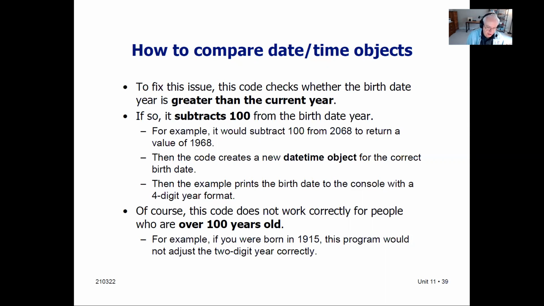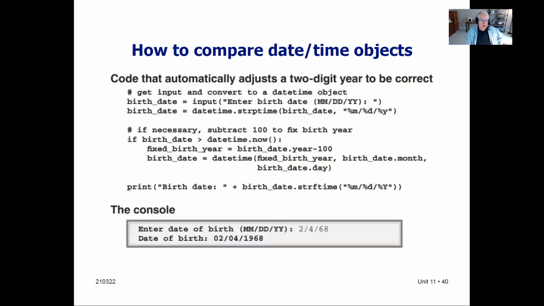So if it was 2068, we would subtract 100 to get back to 1968. Now this is great, but people are living longer now. And if somebody is over 100 years old, this system doesn't work. So go back to 4-digit years, get away from 2-digit years, and you wouldn't have this problem.